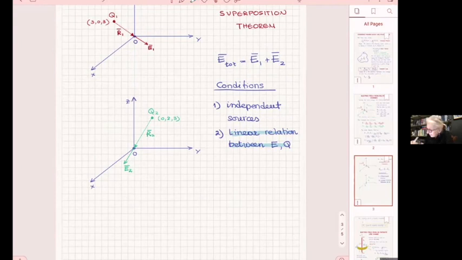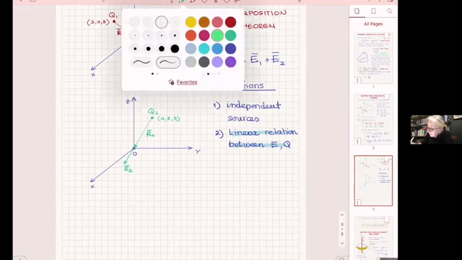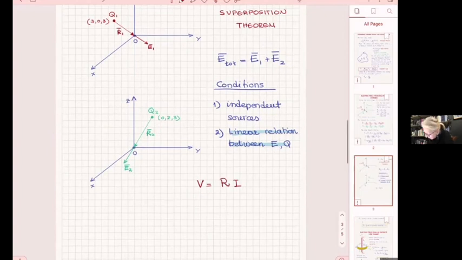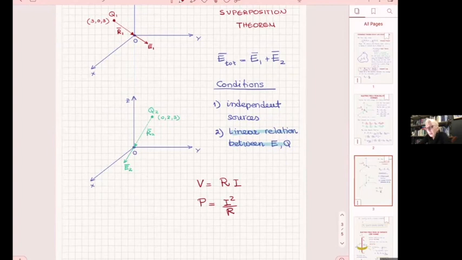So let's see here. Let's assume that voltage is the field, source is the current. According to Ohm's law, you have that. What happens if you look at power? How is that related to current? Which of the two can you apply superposition on?